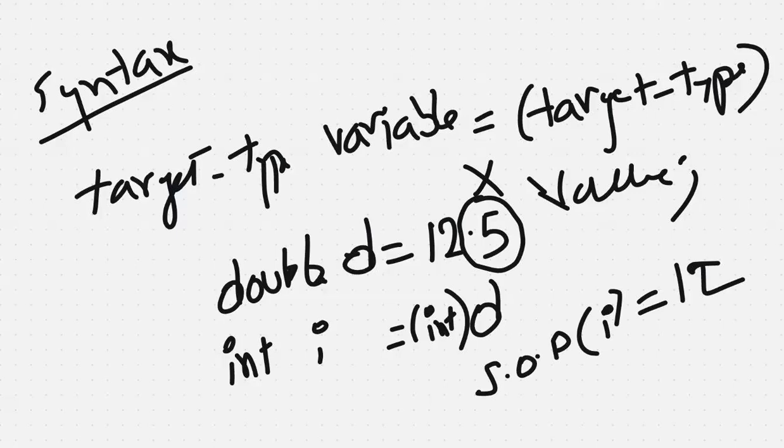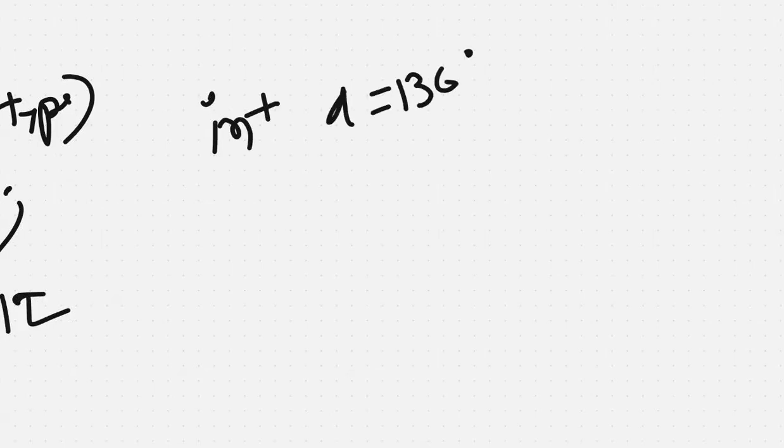And one more example. For example, I can define int a equal to 130. Now I want to convert this explicitly to byte.